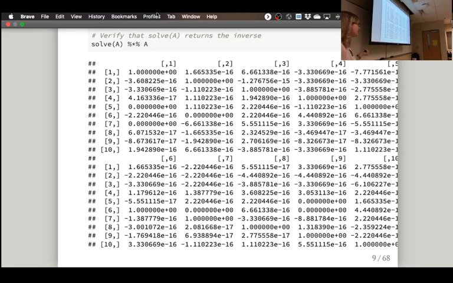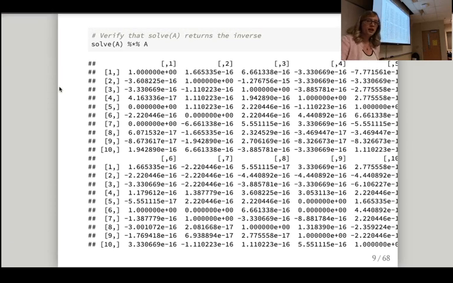We might like to verify that this is in fact the inverse, so I can use that percent asterisk percent to do matrix multiplication. If I take the solution or the inverse to A times A, I should expect to see an identity matrix here. So I should expect to see ones on the diagonals, zeros on the off diagonals. We're not perfectly there looking at this.